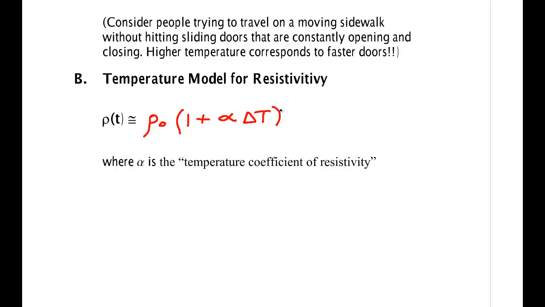Some books, the alpha that they give you has got to be multiplied by rho naught, and in other textbooks it does not have to be multiplied by rho naught. So it kind of depends on your particular textbook as to which way it chooses to go here.